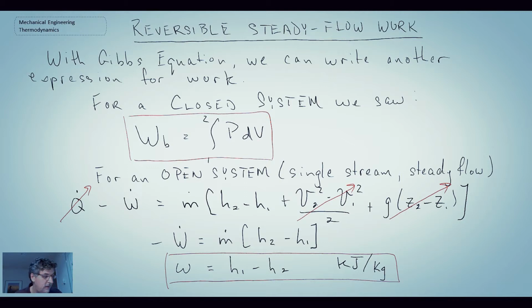What we're going to do now is apply the first law for a reversible system, and try to come up with an equation that provides us with an estimate of reversible flow work. Again, this is an idealization because no process ever will be reversible, but it's one that we will use as a reference value.